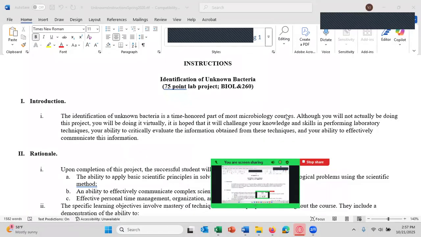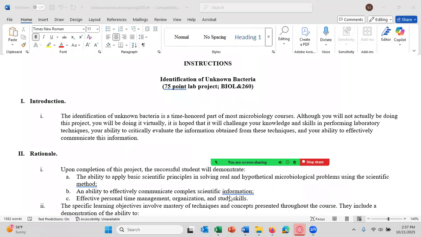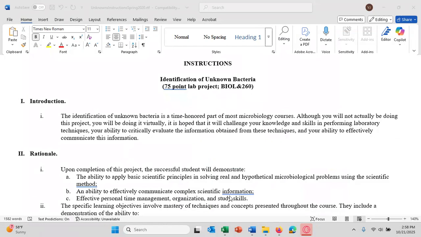All right, what did we mention? It's a 75-point lab project. And how you're going to be doing this project, you'll be using your unknown notes pages to request the tests. The exception will be the first 3 tests I'm going to send to you in an email.